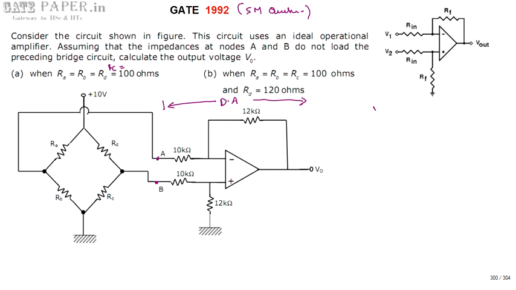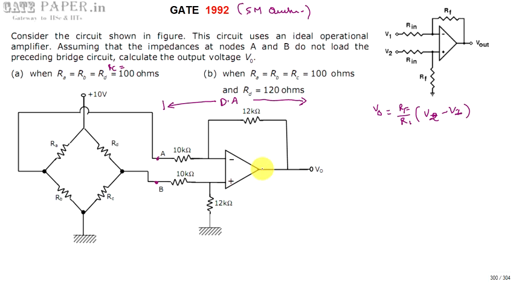V0 can be written as RF divided by R1 times V plus minus V minus. V plus is the voltage at the non-inverting terminal, so in terms of it, it is V2 minus V1. So for a differential amplifier, Vout is V0 equal to RF by R1 times the voltage connected at the non-inverting terminal minus the voltage connected at the inverting terminal.